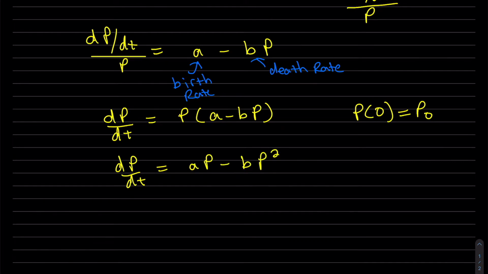Now remember, P is our y in other examples. So we have a P squared like a y squared, and what comes to mind? Well, I don't know about you, but Bernoulli comes to my mind. So we're going to use this method, but we've got to set it up in the right form first.